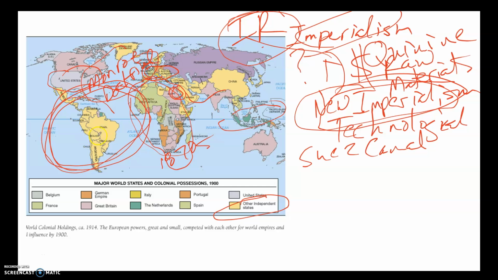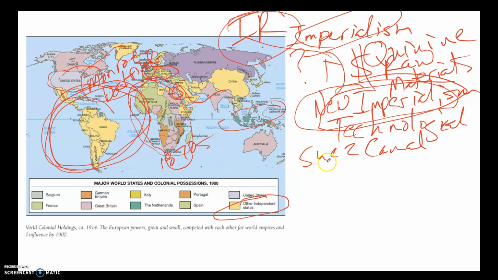So these governments in Latin America are connected to U.S. business, and the U.S. does not want Europe to intervene in this sphere of influence. Okay, so realize that Latin America is independent during this new imperialism, but also connected to the United States and under the economic, political influence of the United States.